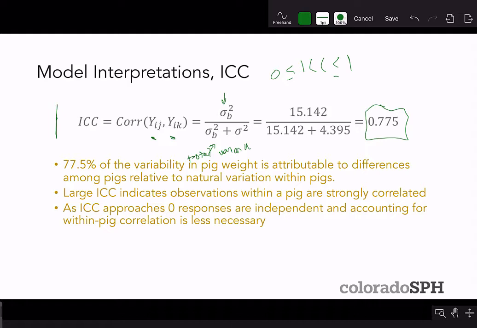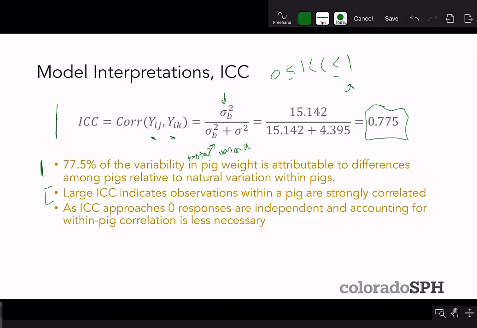When it's closer to 1, that means more of the variability is attributed to differences among subjects. In this case, you would interpret that as 77.5% of the variability in pig weight is attributable to differences among pigs relative to natural variation within pigs.